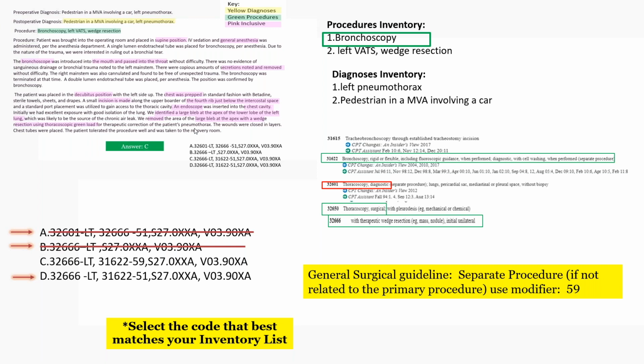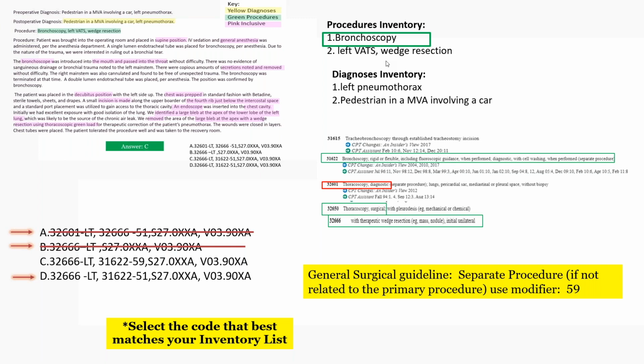Yes. That is a correct one. When you see a separate procedure, append 59 modifier, that is a general surgical guideline. A separate procedure, if not related to the primary procedure, use 59 modifier.